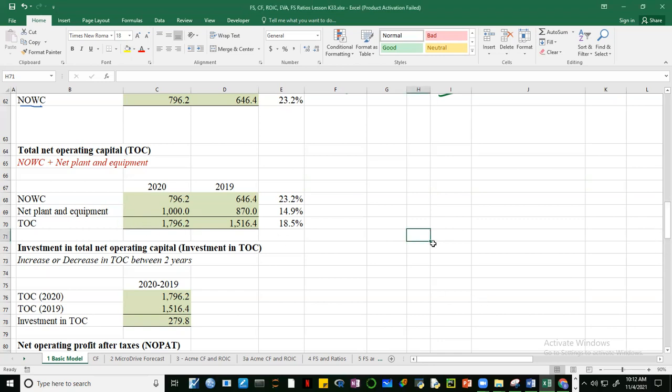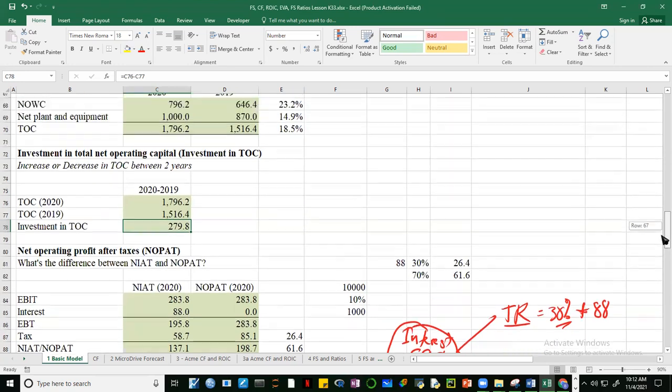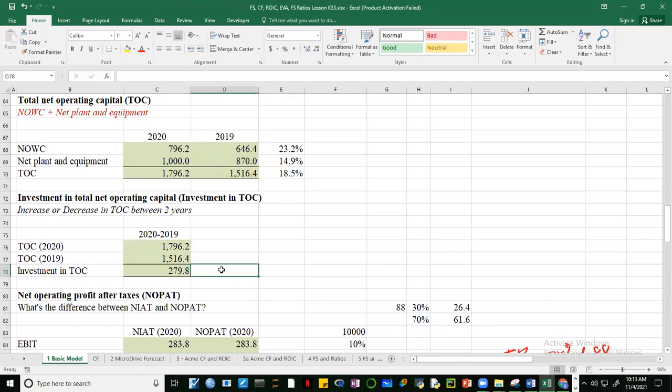Okay, that's why, sabi nga natin, the investment in TOC is around 280 million. Okay, now is this good or bad? Okay, actually, guys, this is good. Because the company, as I said a while ago, it seems to be sending a signal that everything seems to be okay and that they're poised to, let's say, maybe grab market share. It's a signal that the industry is expanding, market is expanding, the demand for their product is expanding.